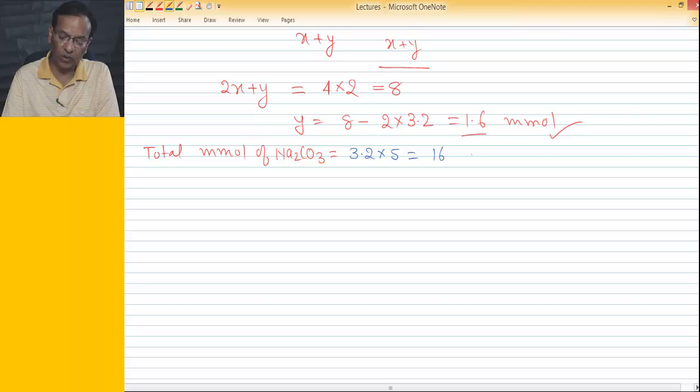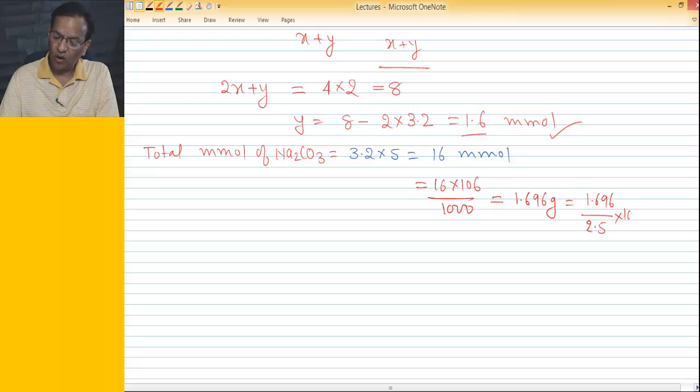So it is 16 millimole. If we calculate it into mass, it will be 16 into 106 upon 1000, 106 is the molar mass, so it will be 1.696 gram. So it will be 1.696 upon 2.5 into 100, which comes out to be 67.84%.